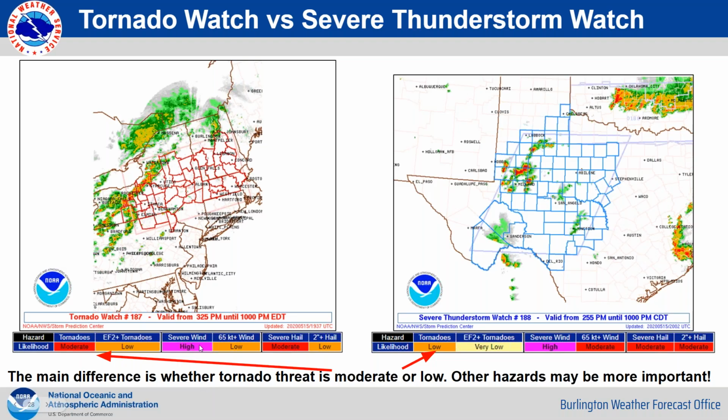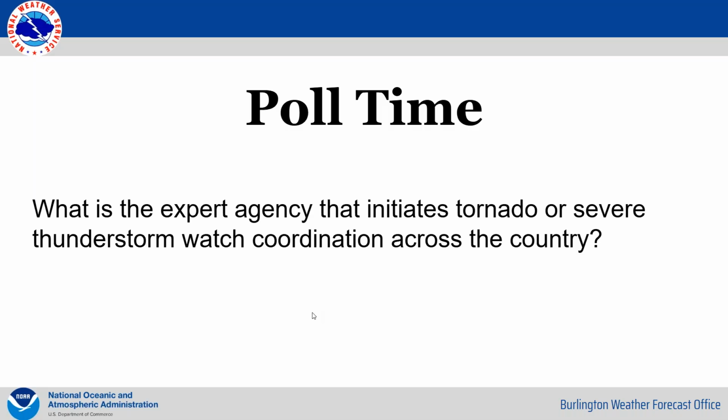For this particular example, May 15th in 2020, the wind threat was considered the highest risk category on this day. So even though it may be a tornado watch, don't undersell the potential for dangerous winds or hail. Sometimes they can cause more damage than a tornado in our region.